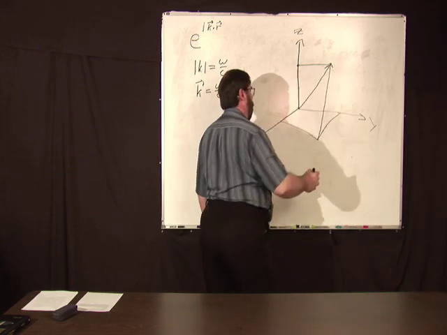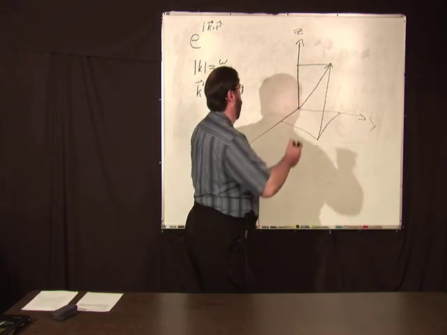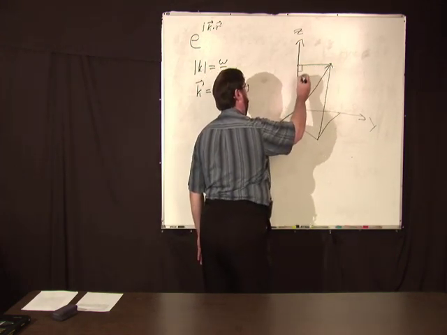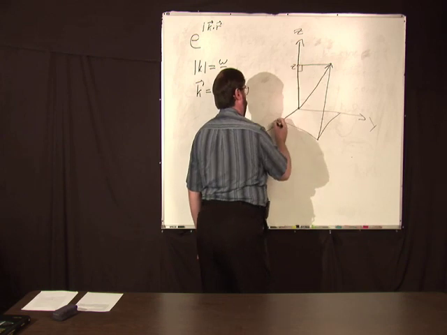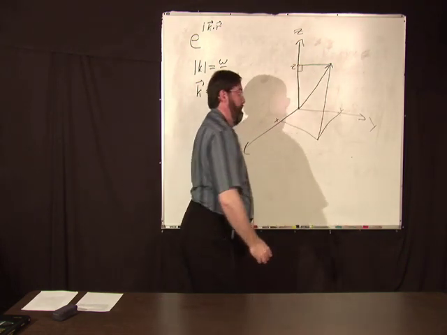Each number is the projection into an axis. So this is the right angle here. This is z, x, and y coordinates of the vector.